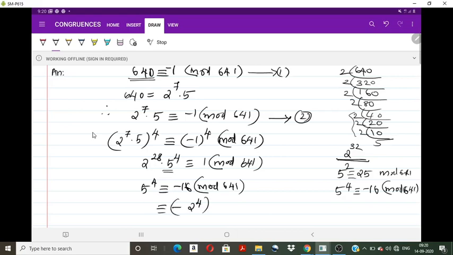So instead of 5 raised to 4, we can use minus 2 raised to 4. Let this be equation number 3.